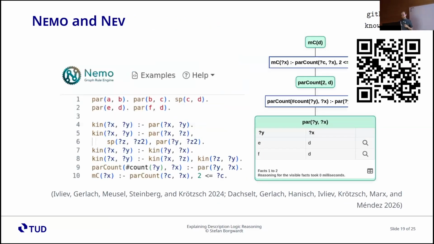And last but not least, no, it's actually not last, but definitely also not least, is the Nemo engine that I have mentioned before. This is also, as I said, very interesting, works with Datalog and with aggregation, existential rules, and also features some nice visualizations of the reasoning process. So if you want to understand why something followed from your program.